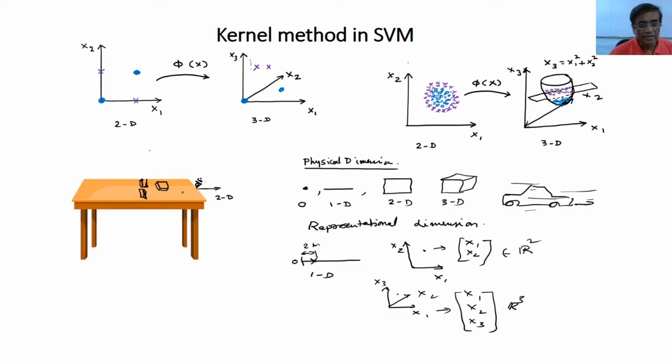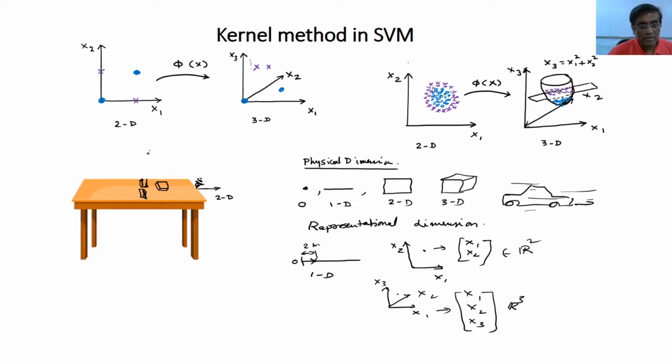You have a table, a book, and some other items here, and you are seeing them in 2D, keeping your eyes here. You will see these three items are not separable at all. There is no conceivable decision boundary which can separate these two.